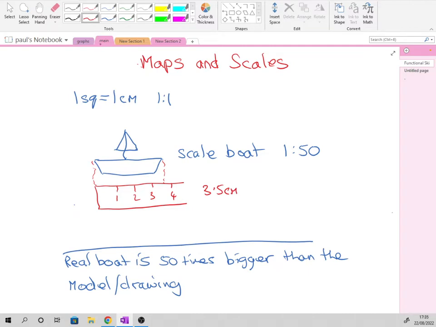Now, if we want to find out how big the boat is, this represents the 3.5 centimeters, the one, and we want to find out what 50 times that is.